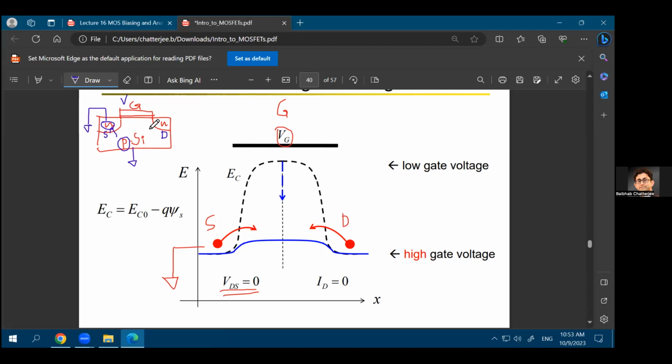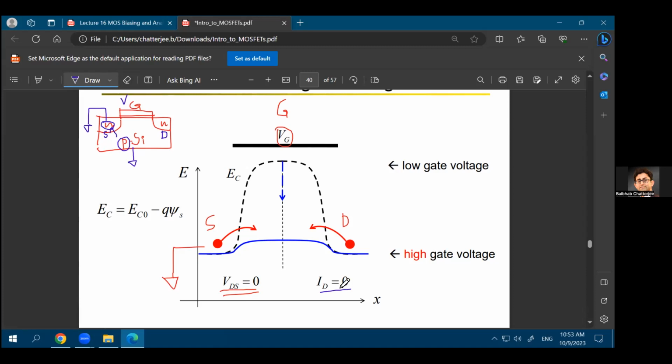But if you don't apply a voltage between drain and source, there will be no current between drain and source. That's just your KCL and KVL. If you don't apply any voltage across an element, there will be no current through it. So as your VDS is 0, the current through the MOSFET is equal to 0.